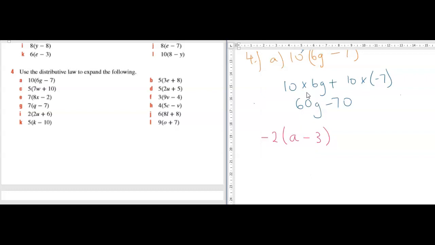If I'm expanding that, I've got negative 2 times a and negative 2 times negative 3. So negative 2 times a, which I'll put in brackets, and then plus negative 2 times negative 3. So I've got negative 2a, and then I've got 2 negatives. A negative times a negative gives me a positive. So I'm going to have plus 6.